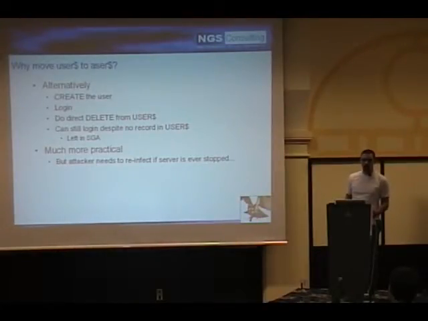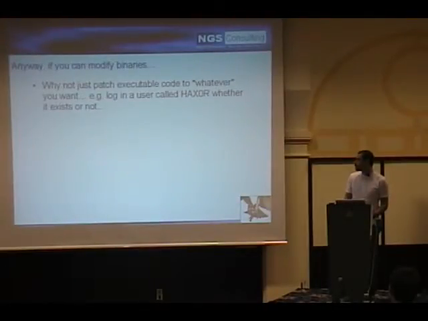But given that database servers are very rarely stopped, the attacker has a good chance of their access being there for a long, long time. The way I see it, if you can modify a binary though, why not just patch the code so that if someone attempts to log in with a username of Haxor, whether it exists or not, just log them in anyway. That to me is the easier way of doing it, because that way you don't have to create arbitrary objects in the data dictionary.